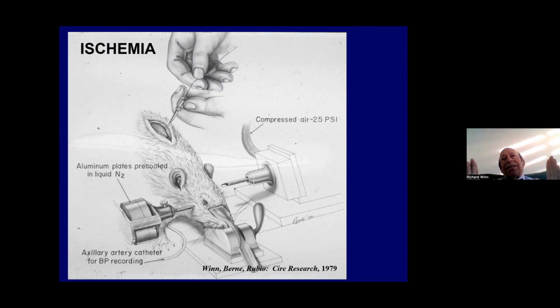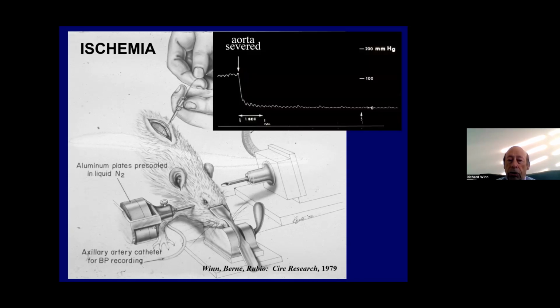I was interested in seeing how quickly adenosine changed in the brain during ischemia, because if you make the animal ischemic, the cerebral vessels dilate within 2.5 to 5 seconds, at most 7 seconds. So I put a stainless steel suture around the aorta, brought it out through a needle, and pushed the needle. And here's what happened.